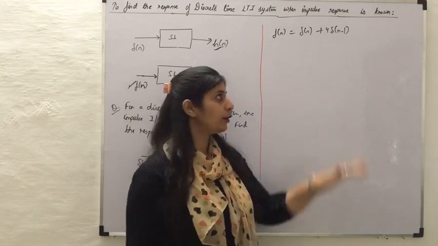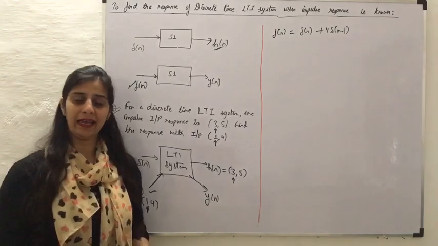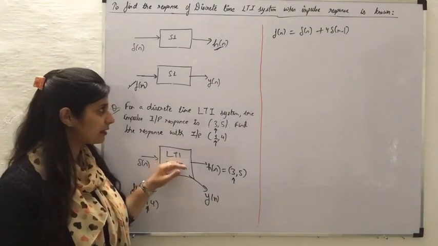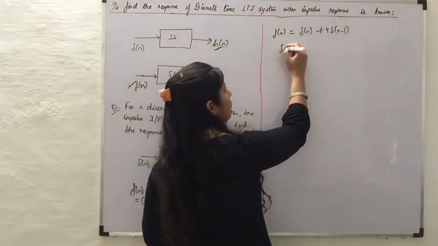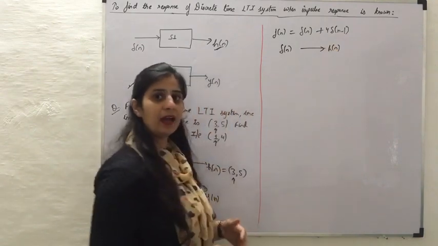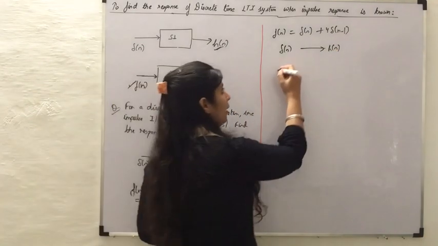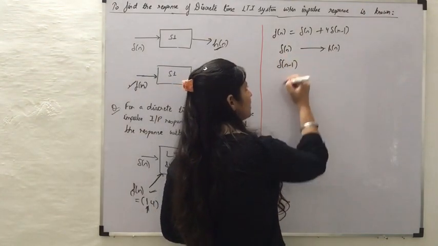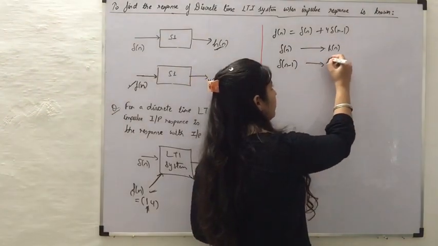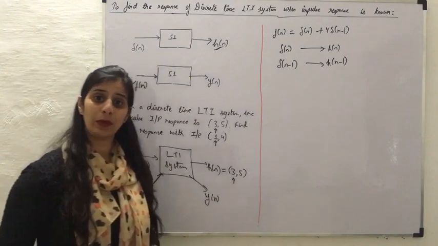Now the system we have considered is an LTI system. LTI stands for linear time invariant system. When I give del of n as the input to this system, I get h of n as the output. When I give del of n minus 1 as the input, the output should also be shifted by the same amount of time, because it is a time invariant system.